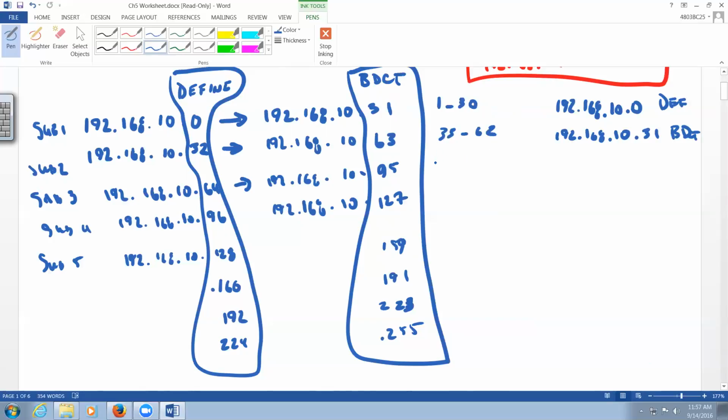Okay. What about this one? 65 to 94. Okay. What about this one? 97 to 126. And if you count those out, you'll run out of fingers and toes, but you're going to come up with 30. This is because we used up one to define the network and one for the broadcast.